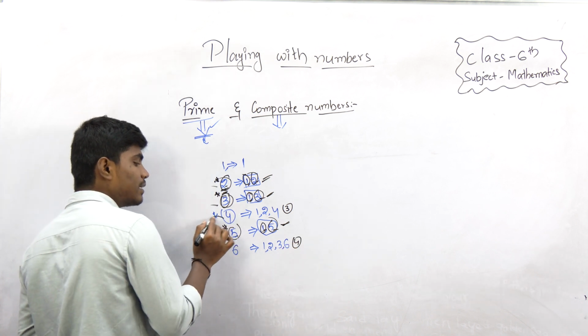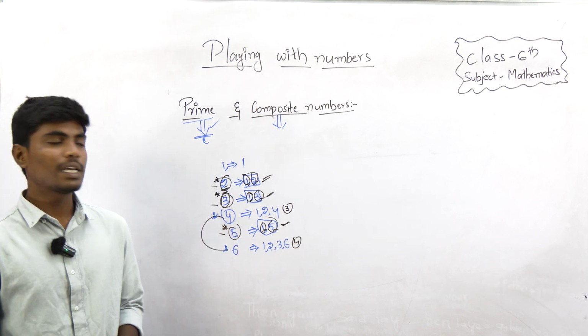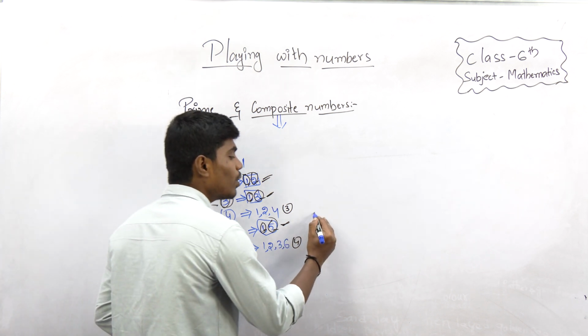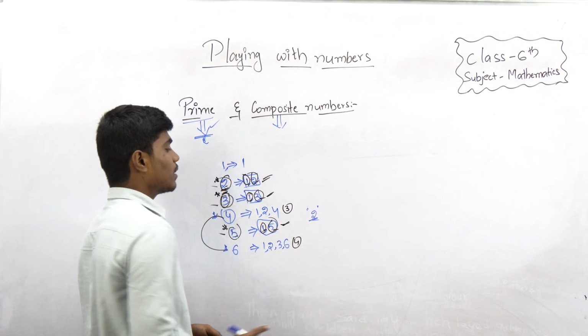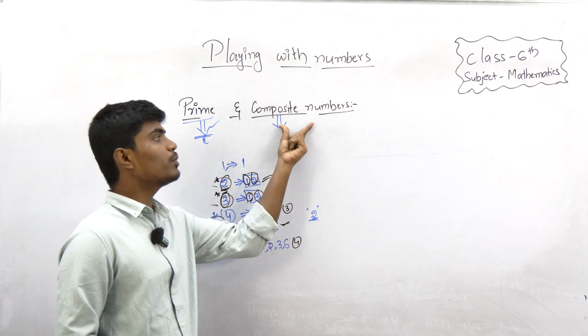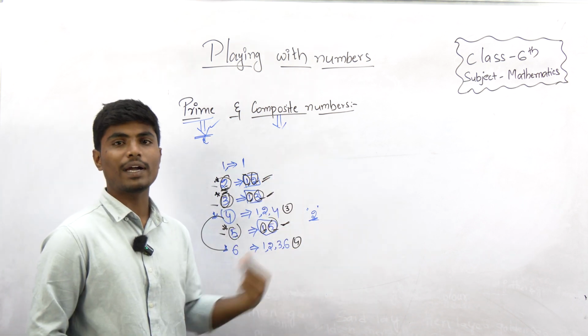So these numbers are called composite numbers. Composite numbers have more than 2 factors, while a prime has only 2 factors.